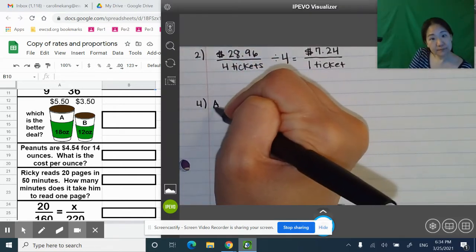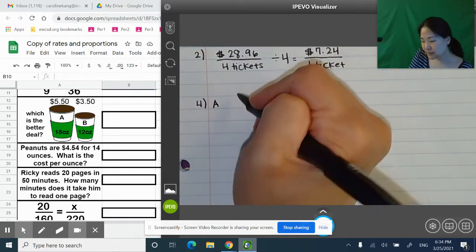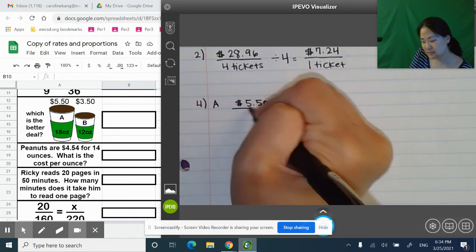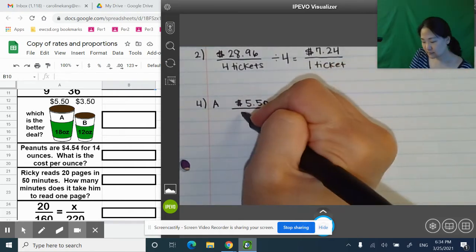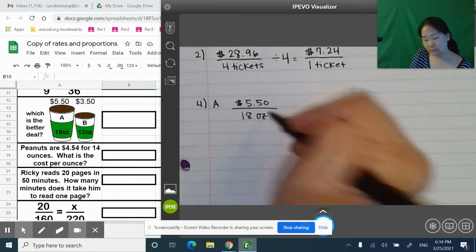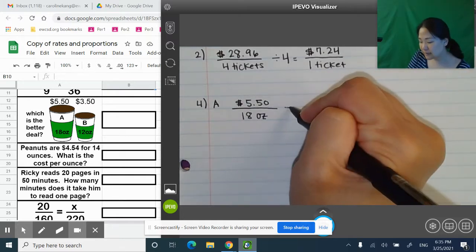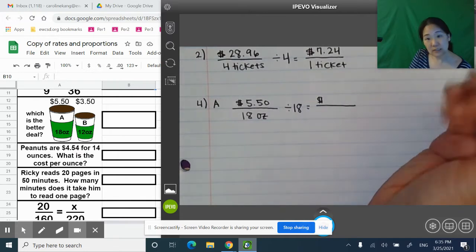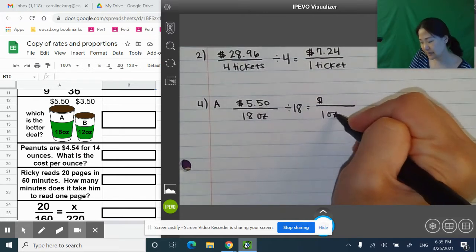So for A, money goes on top, $5.50 over 18 ounces. And you're going to divide by 18 to find out how much it is for 1 ounce.